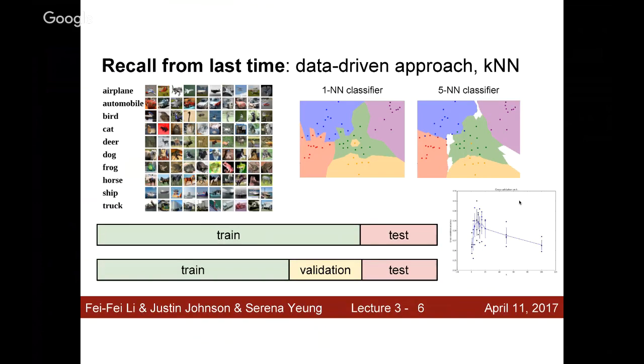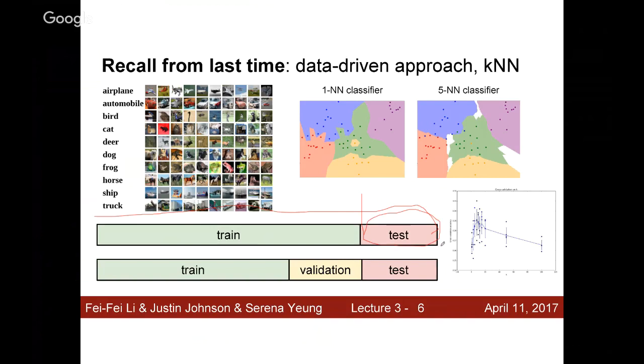So we talked about all of these in the last lecture. We talked about KNN, and we talked about setting the hyperparameters, like what number K to use. To do that, we would split the data that we have, this whole set, and cut it into a test set, right? So we hold that away from the classifier, train on the training set, and then assess whether the parameters that we get, the W's if we're doing a linear classifier, are any good by testing on the test set.